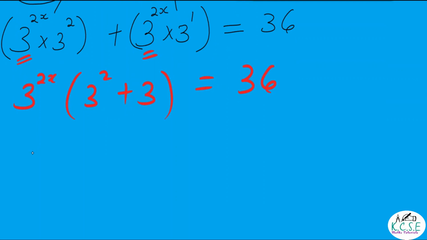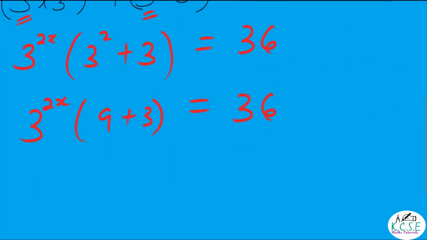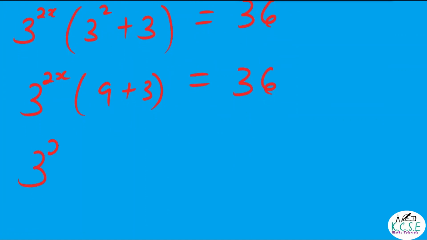So we continue. 3 raised to power 2x, 3 squared is 9 plus 3, which will give 36. You can go on. 3 raised to power 2x. When you remove this bracket, same as multiplication, 9 plus 3 we get 12 equals 36.